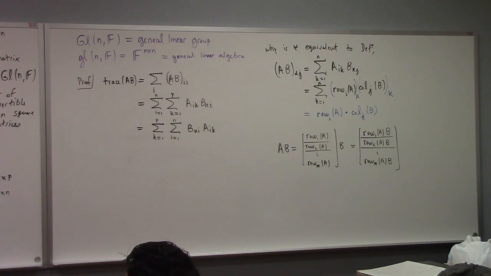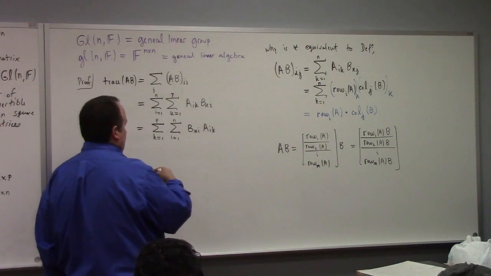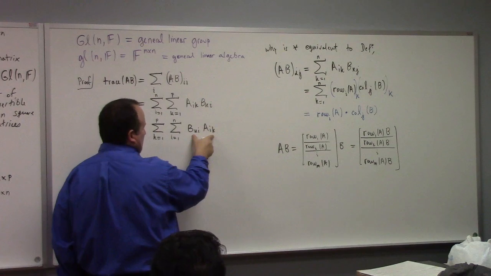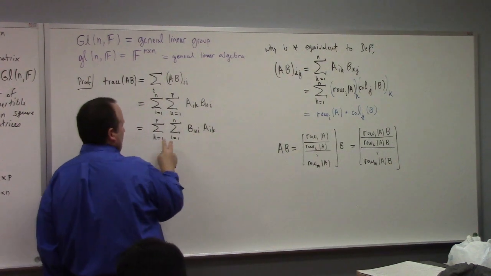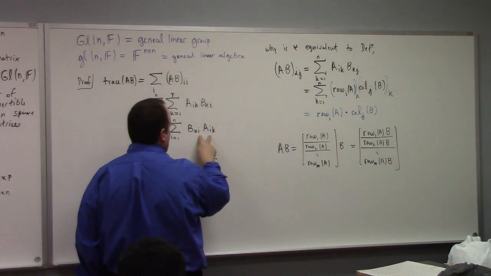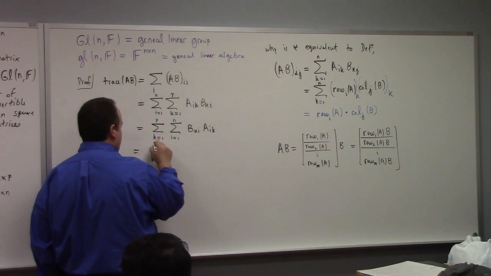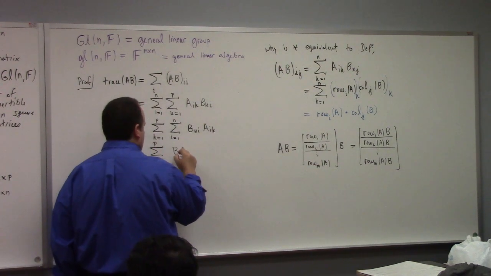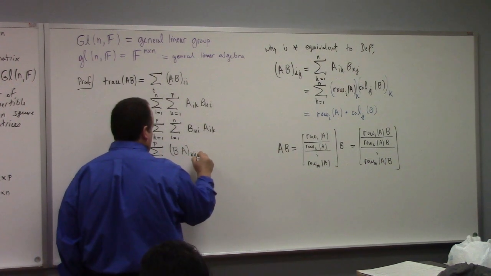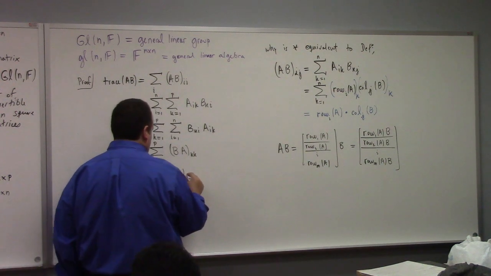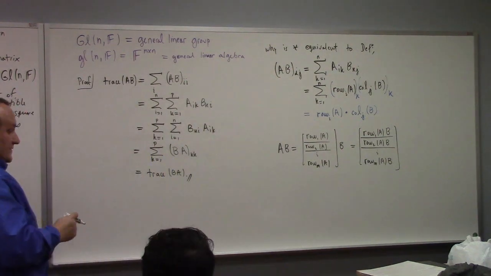It's interesting if you write it out for, say, p equals 3 and n equals 2. But this is just commutativity of the elements, and then I flip the finite sums, and you see that's the sum over k equals 1 to p of the kk component of BA, which of course is the trace of BA. And there you go, we've proved that the trace is symmetric in this sense.